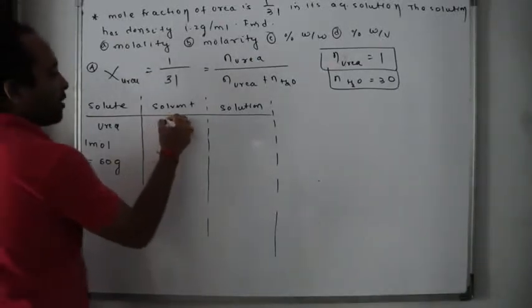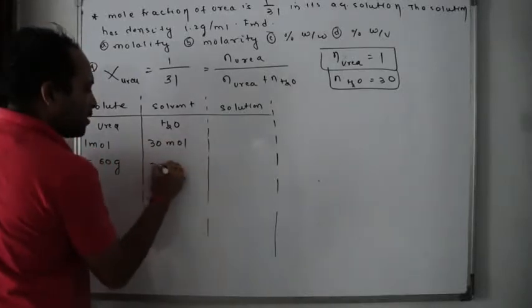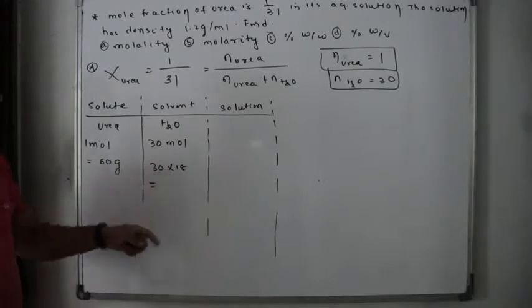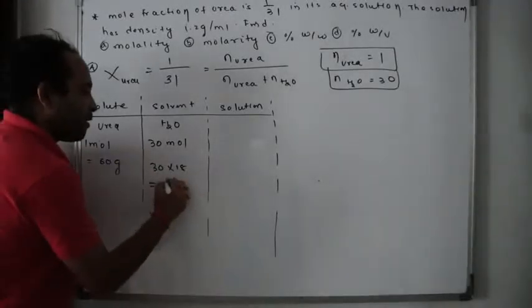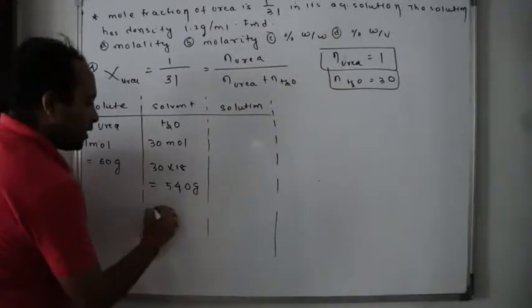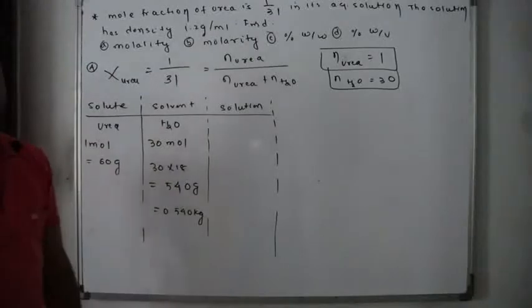Solvent is water, 30 mole, how many grams? 30 into 18, that is 540 grams, isn't it? Or is it 0.540 kg? Yes or no?